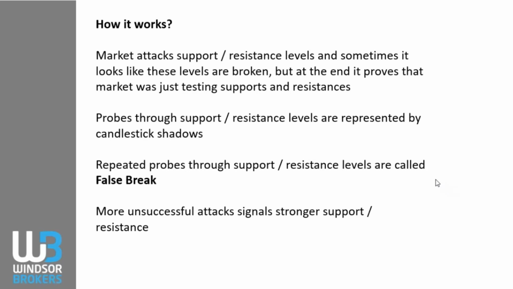How it works, the market attacks these levels in movements. So the market is moving in a certain direction and then approaches an important or less important level, depending again on the strength. Reaction usually depends on the strength of that level.